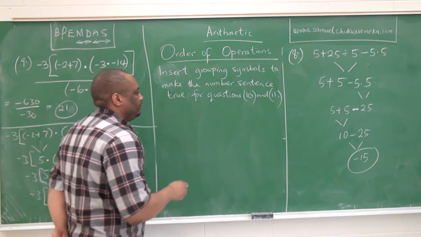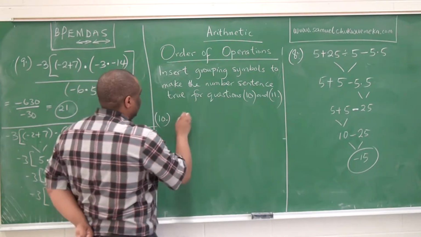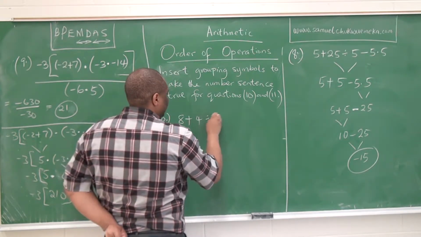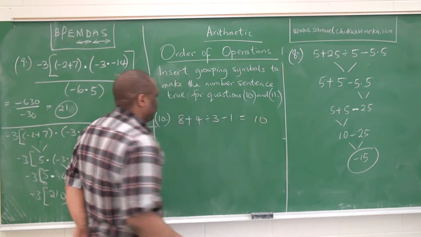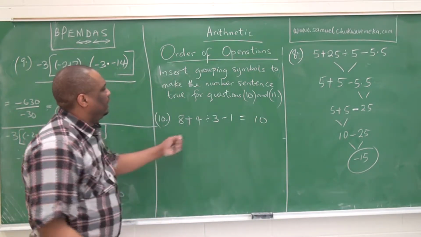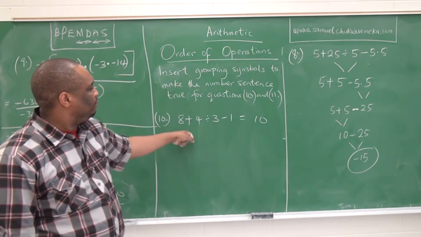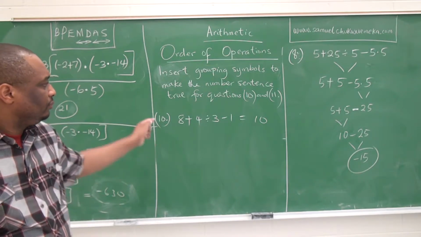Okay. Number 10, we have 8 plus 4 divided by 3 minus 1 equal to 10. The question says, let's put grouping symbols here to make that sentence true.